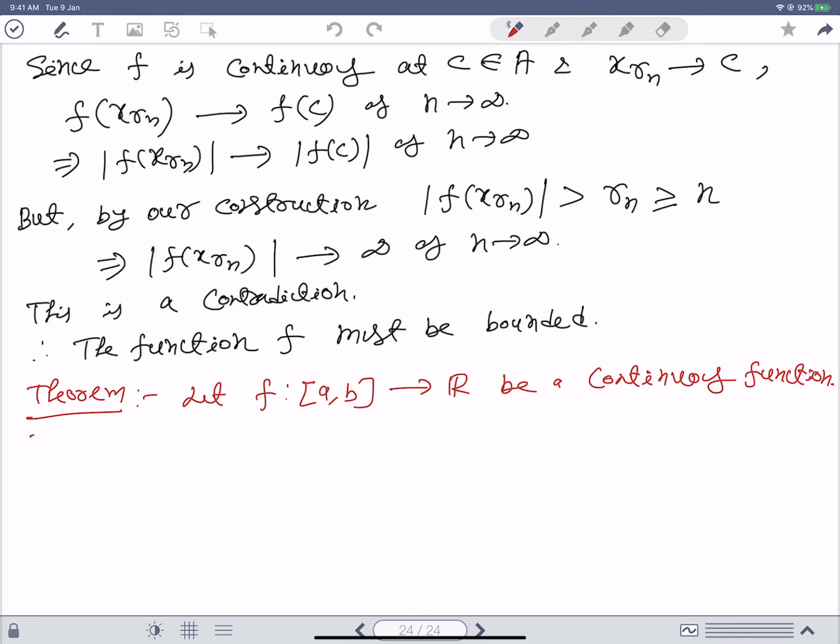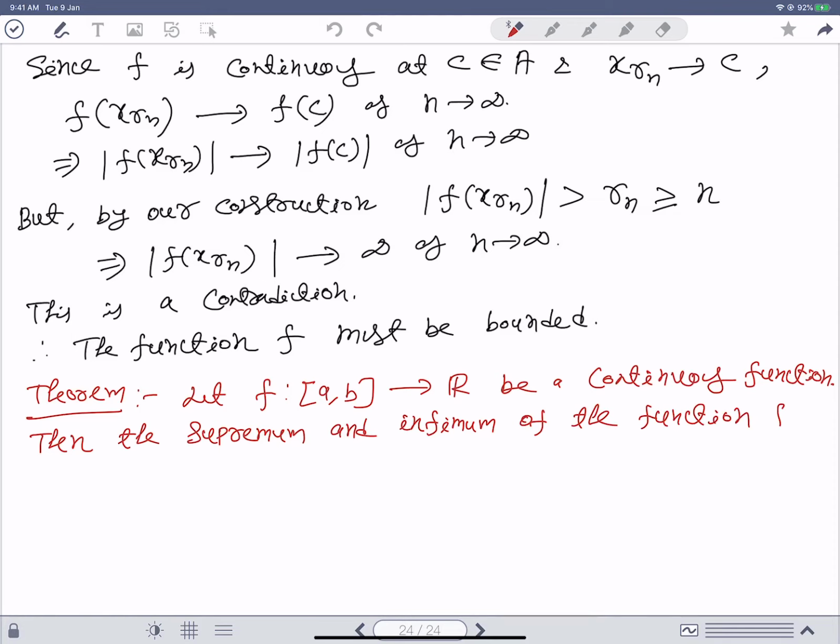Then this theorem says the supremum and infimum of the function f are achieved in the domain, the closed interval [a,b].